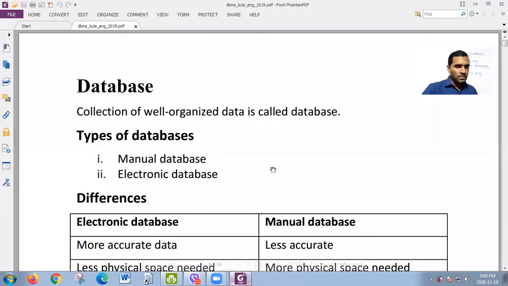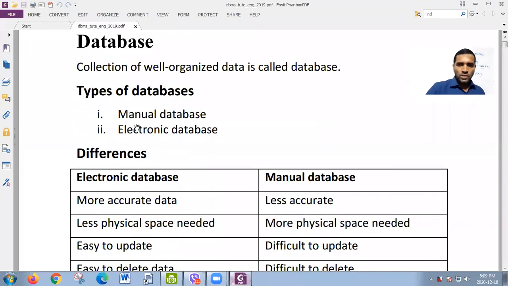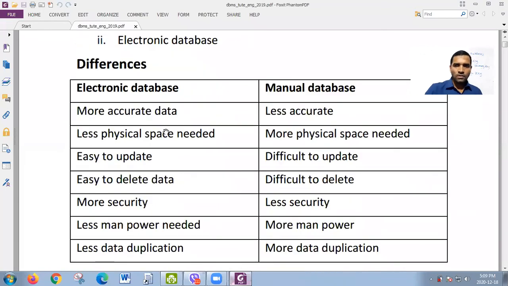Okay, these are the things we discussed. Two types of databases, manual and electronic. Look at the differences here. Accuracy is also there, I missed it. Remember that. Electronic is more accurate, manual is less. Even physical space: electronic needs less physical space, manual needs more.